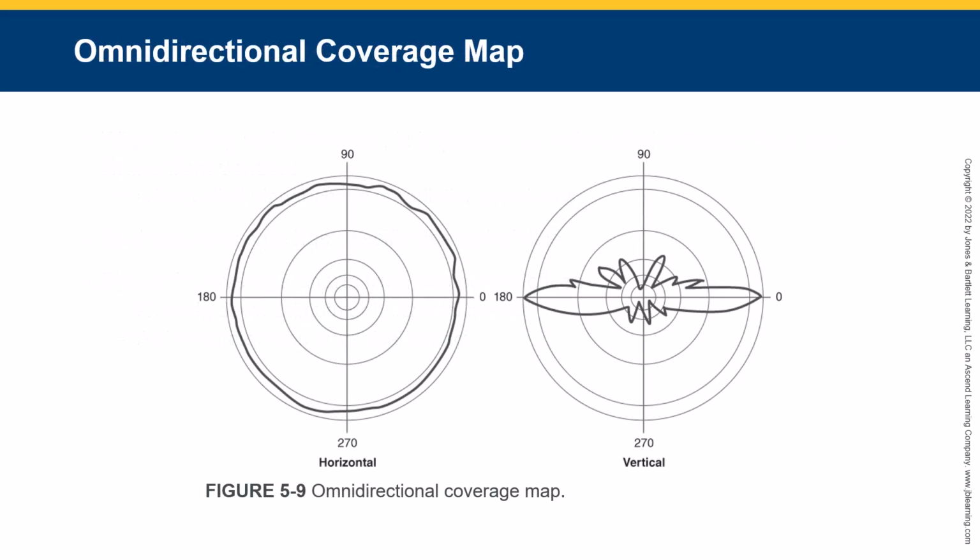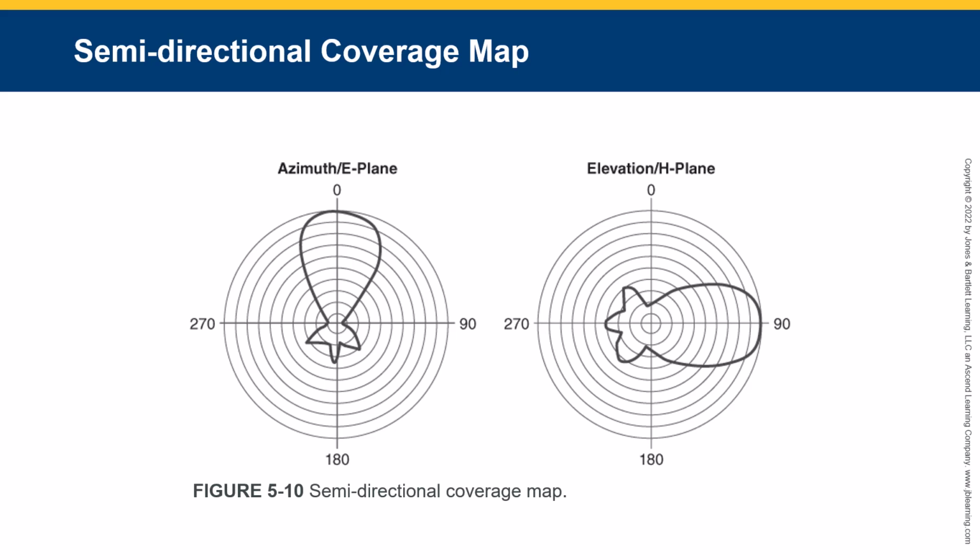So here's a perfect example of a horizontal and vertical. Top down versus side. Here's our E plane and H plane for a semi-directional coverage map, so you can kind of see where your coverage is going to be.